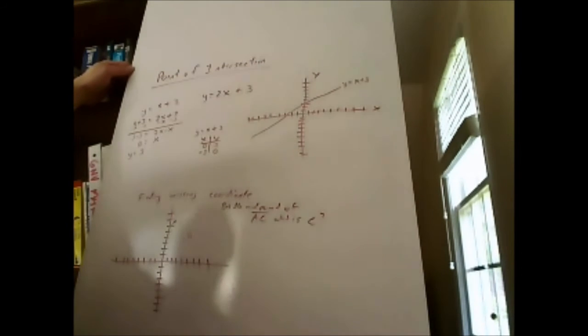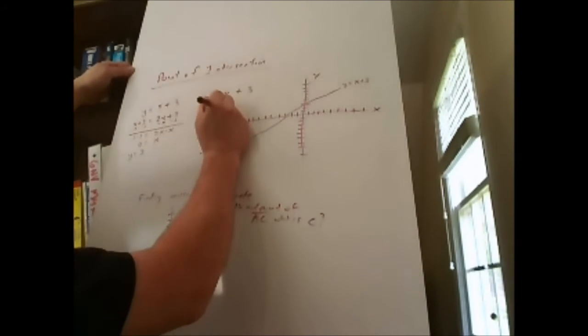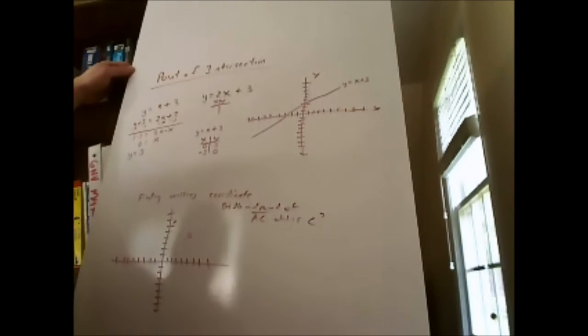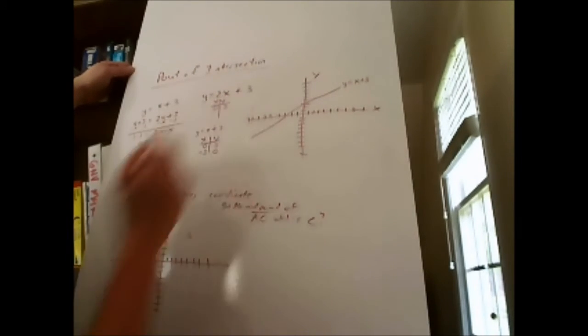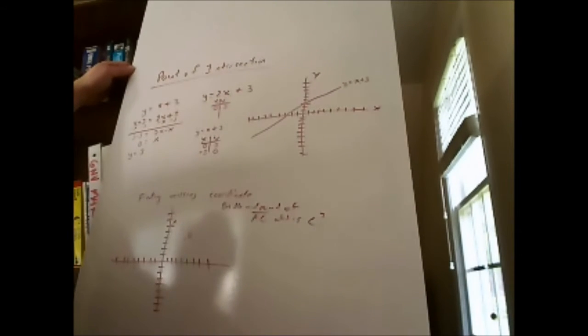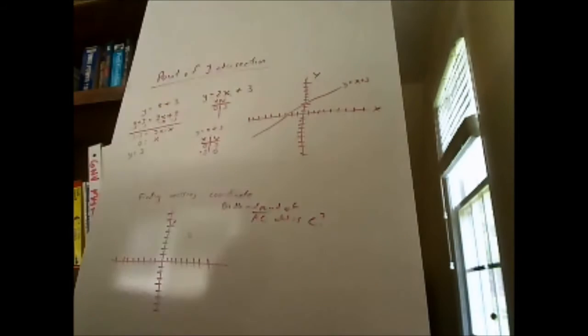Let's get the next line, y equals 2x plus 3. Just plug in a few values here. Again, we know that if x is 0, y is 3 from the equation we just did. That's the first point. If we make y equal 0, it becomes more challenging because you're going to have a fraction.